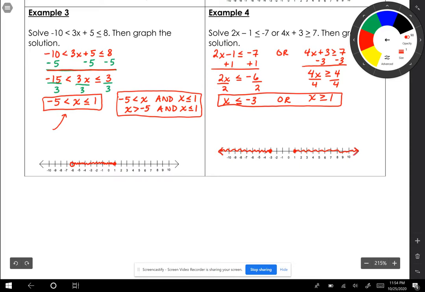All right, there's one thing I want to make note of that's not on the notes, and students forget this all the time, so you need to put this in your notes somewhere.